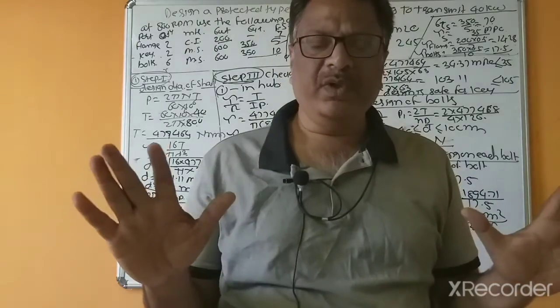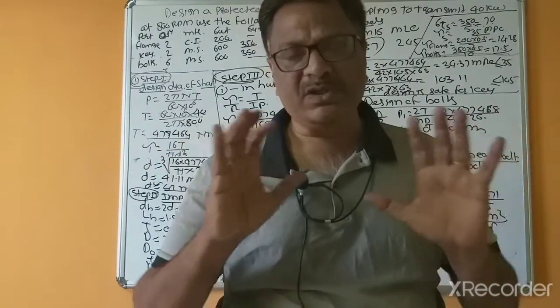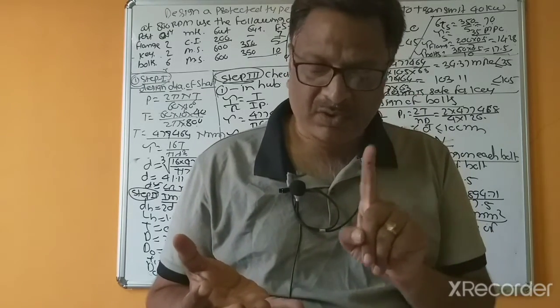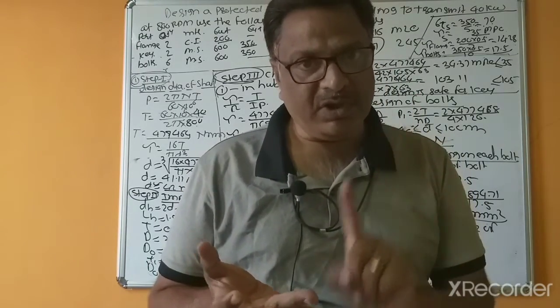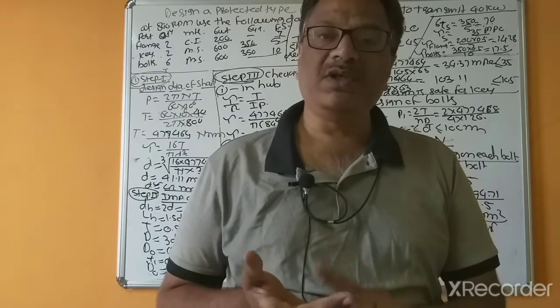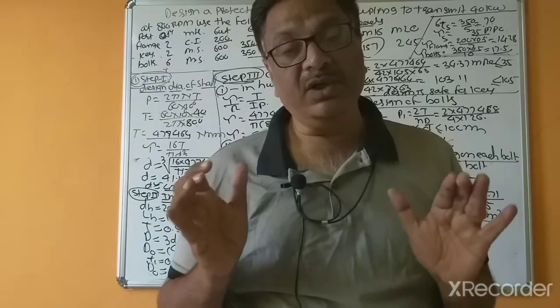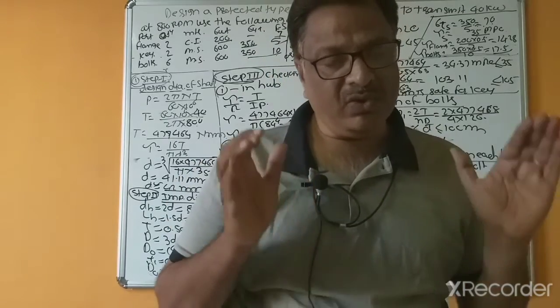So whatever may be asked, if only the design of couplings is asked, you have to design the various dimensions of the couplings, the keys and the bolts, because these are the important dimensions of the couplings. So we have to design according to the given materials.